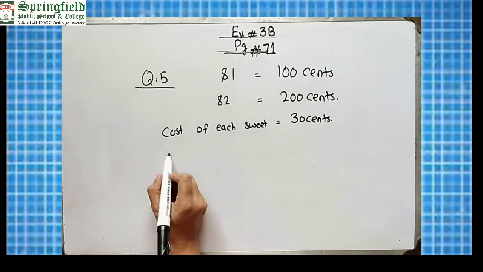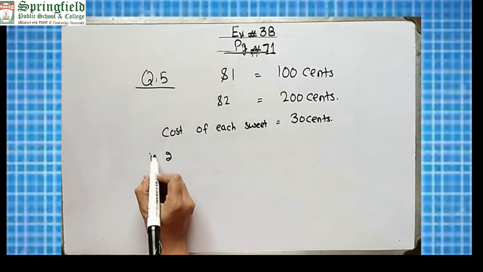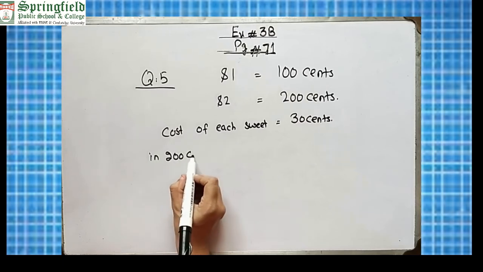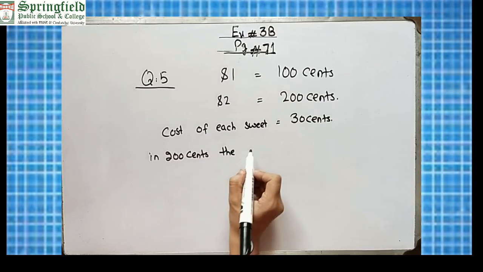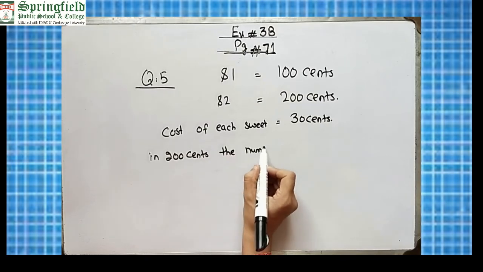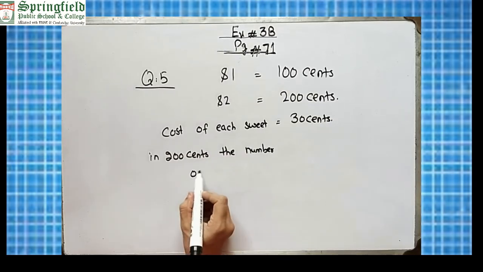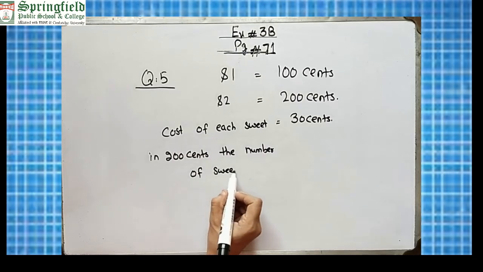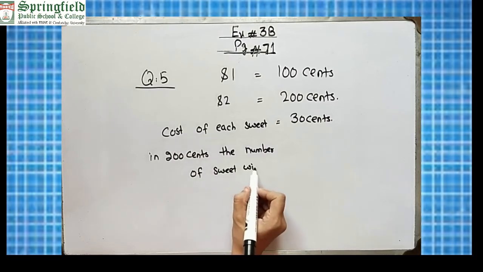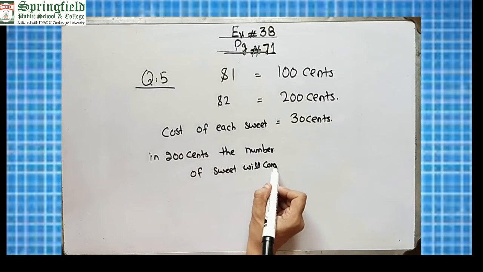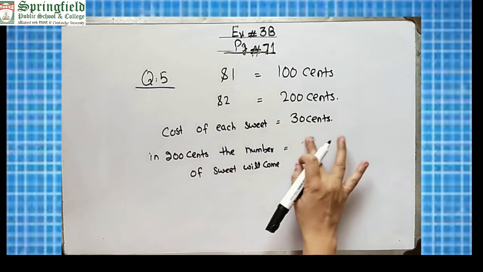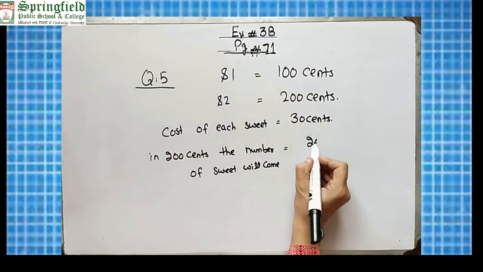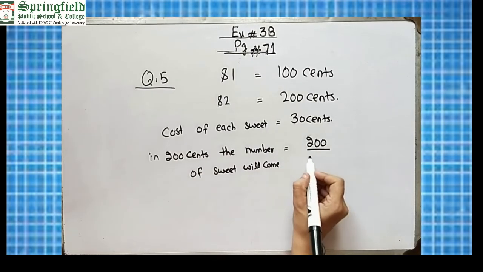Then in 200 cents, the number of sweets will come. So how will you do it? 200 divided by 30.